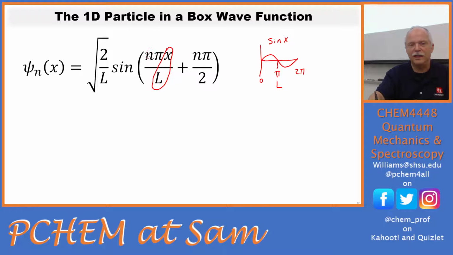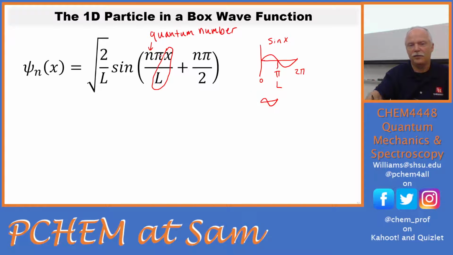And then when we have this in here, this is our quantum number. If that goes to 2, then x going from 0 to L means that we go from 0 to 2 pi.